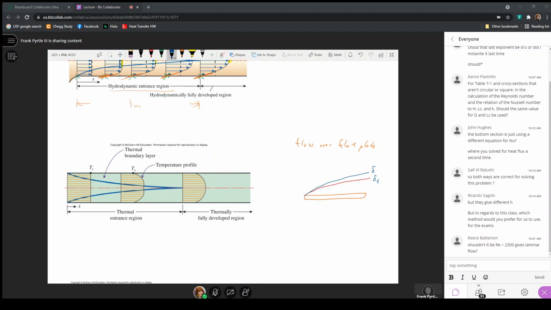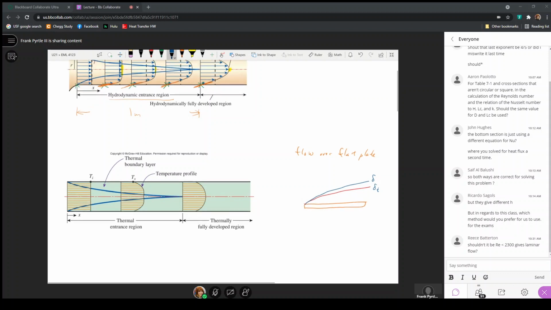Well, once we confine the fluid to flow through a pipe, whether it be a circular pipe or non-circular pipe, a velocity boundary layer and a thermal boundary layer grows from all of the surfaces that the fluid is in contact with, and it grows together at the center line of that pipe. Well, once the thermal boundary layer grows together, the shape of this temperature profile doesn't change anymore.